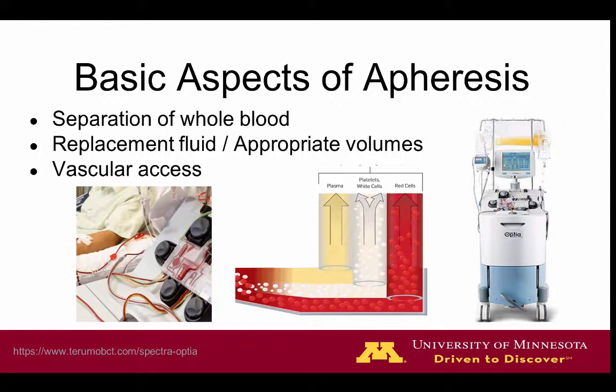And this is one of the apheresis machines, Spectra Optia. As you can see, the patient would be in a bed with the machine bedside. They would have some kind of vascular access. It would be processed through these disposable plastic instruments and separated with either centrifugation or filtration into the different components, plasma, white cells, and red cells.